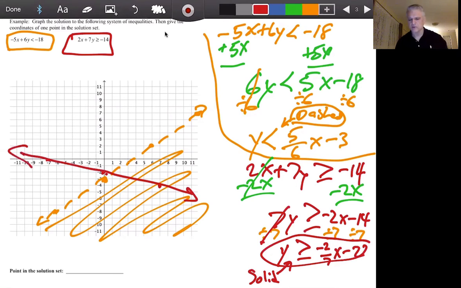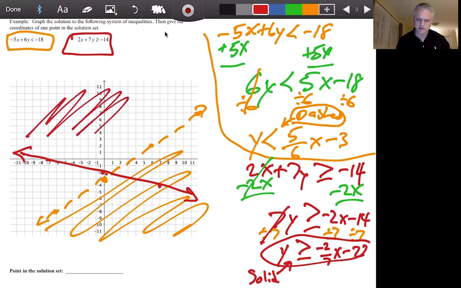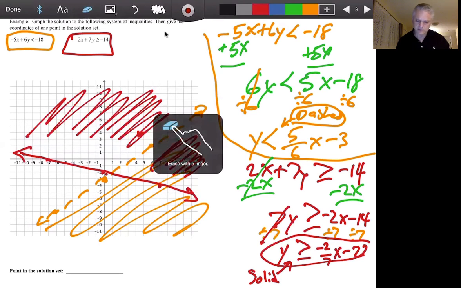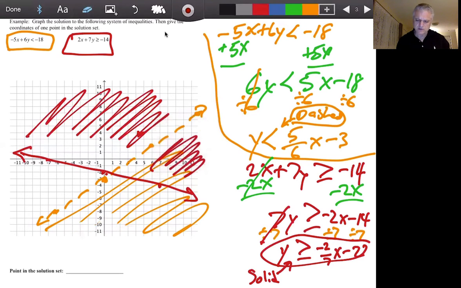There we go. Okay, now this says greater than or equal to. So greater than or equal to is going to be above the red boundary line. So this and this are my two regions. This region down here is only a solution for the orange inequality.